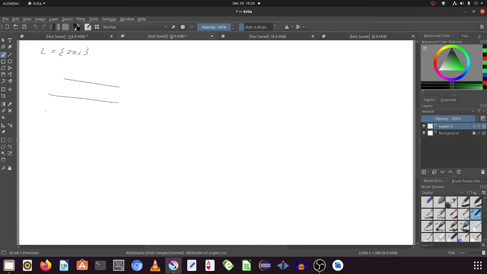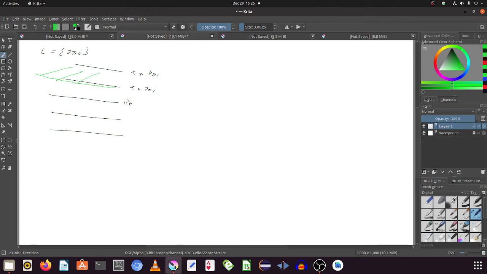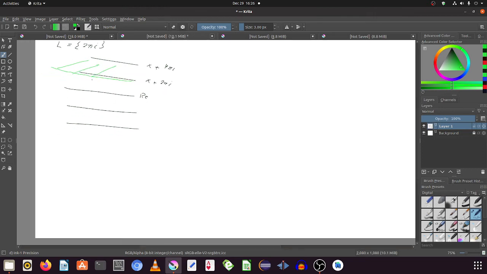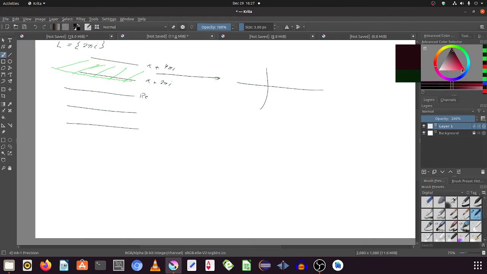So that means it's stratified like this. And such a guy here is mapped into this.